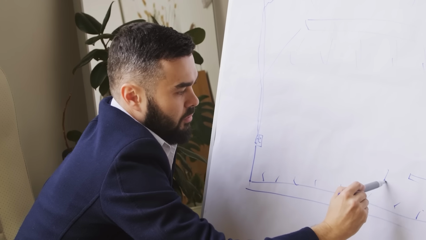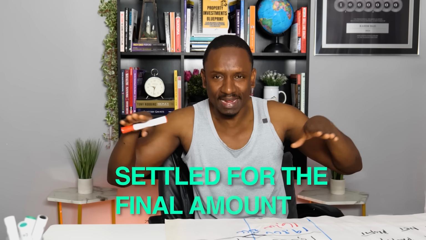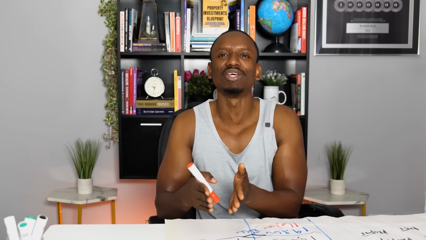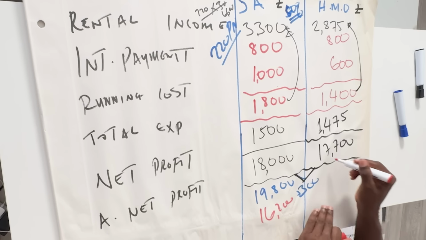So looking at the investment strategies, with HMO you are settled for the final amount, right? You can only increase your income at the end of the year if a new tenant is moving in, because then inflation would have kicked in, so you would have increased your rent. So here you cannot manipulate your rental income. You've got that steady recurring income every single month.